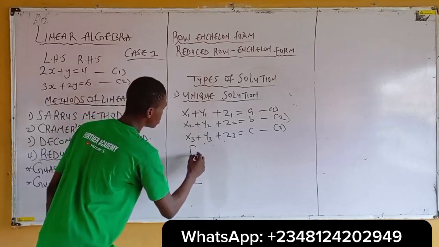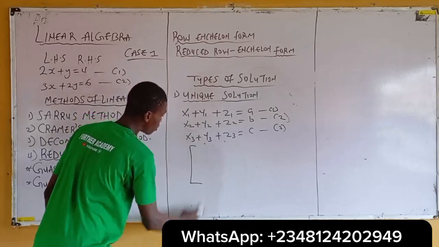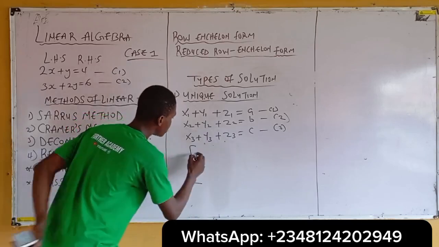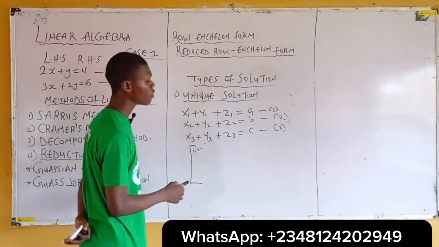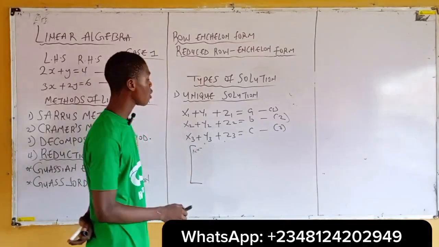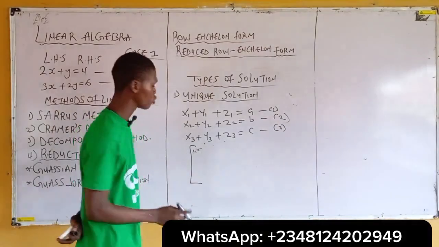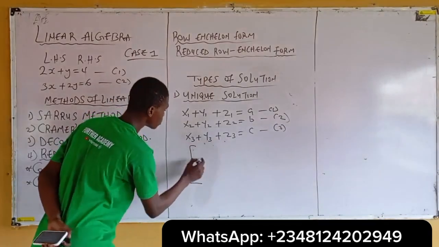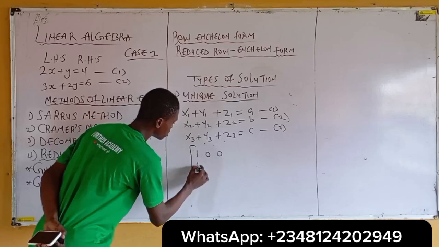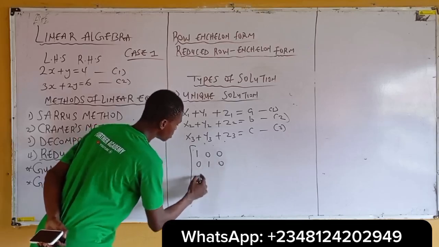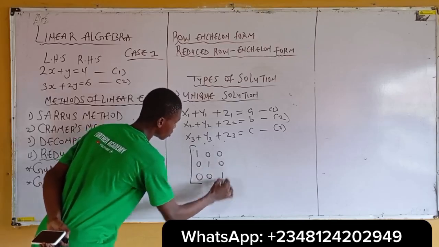In this matrix format, all values of x should take the first column, all values of y should take the second column, all values of z should take the third column. So by unique solution, this is what it means. You have 1, 0, 0, 0, 1, 0, 0, 0, 1.